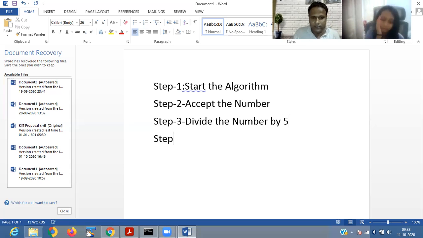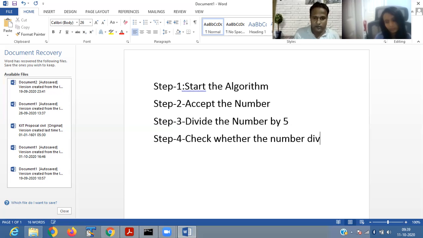Next step is what? Then we have to check whether the number is divisible by 5 or not. Okay. Check whether the number is divisible by 5.